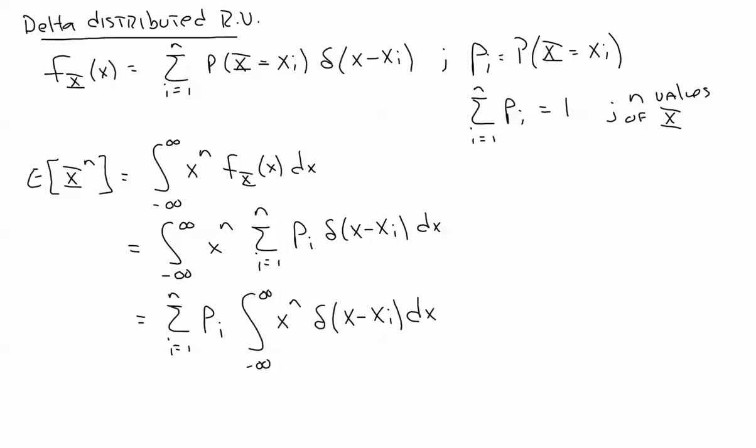And then this equals summation from i equals 1 to n x sub i to the nth power times p sub i. Here I've used what's known as the sifting property.